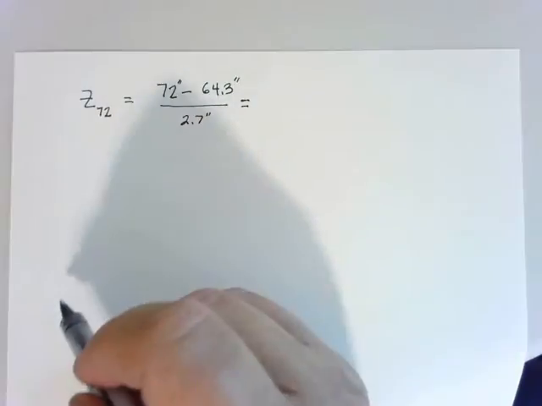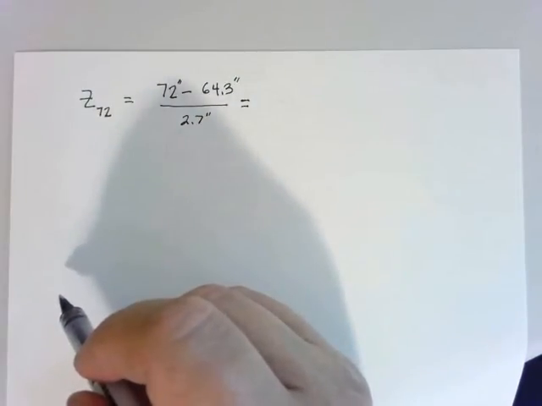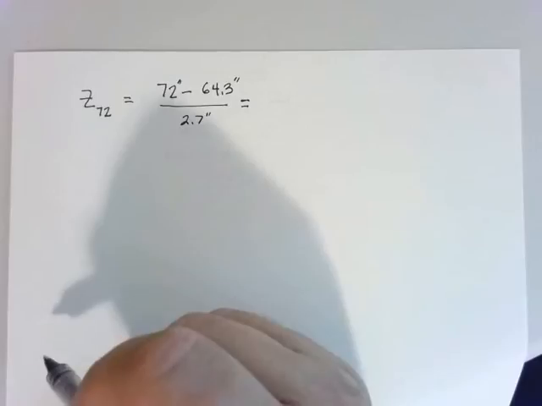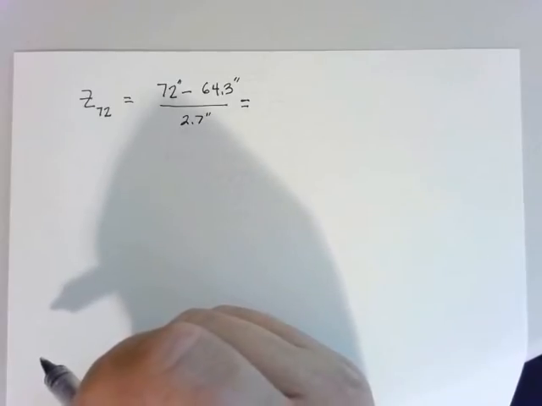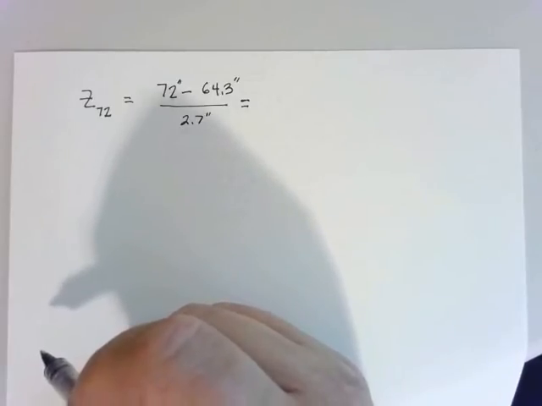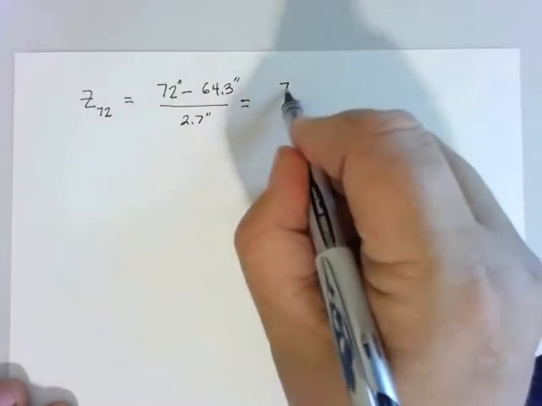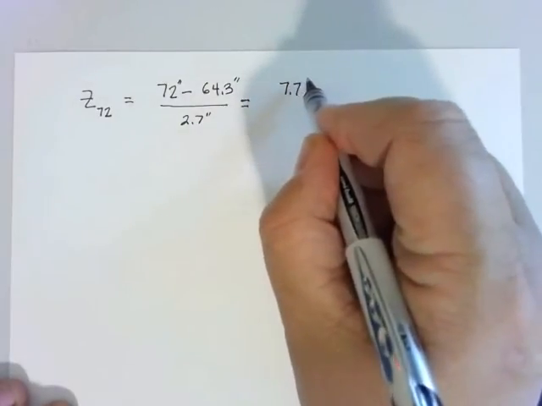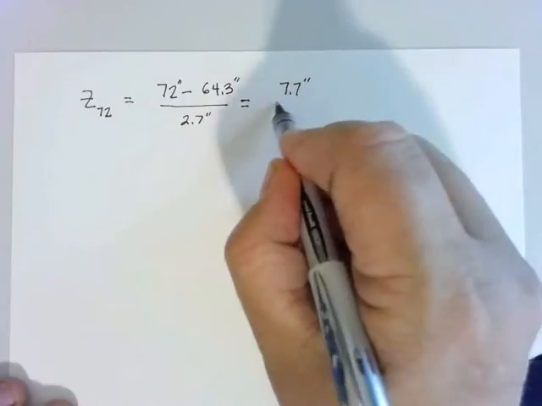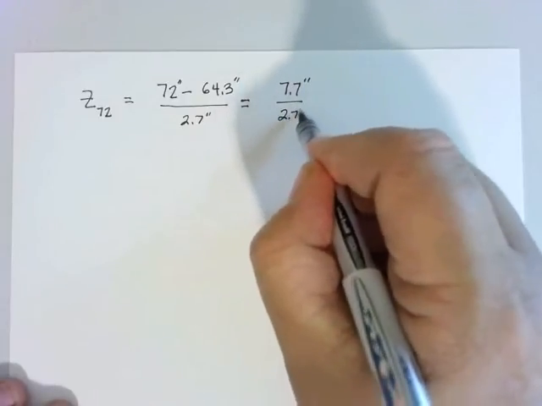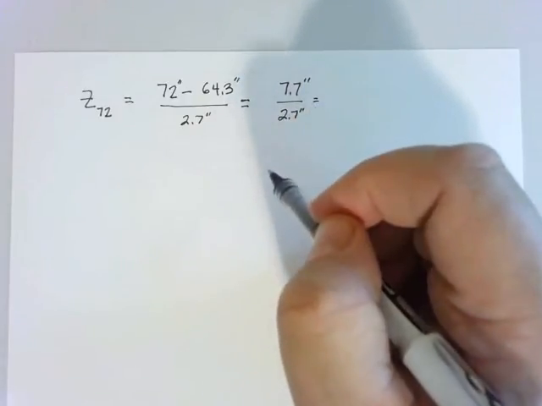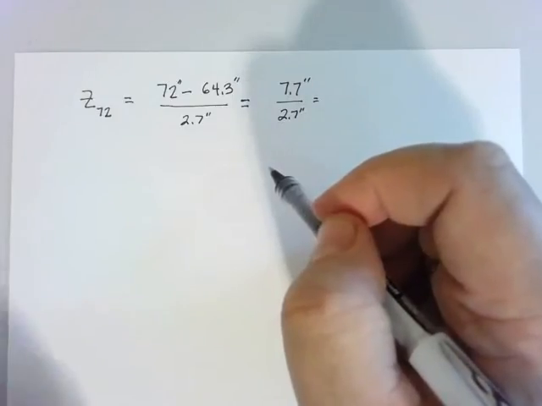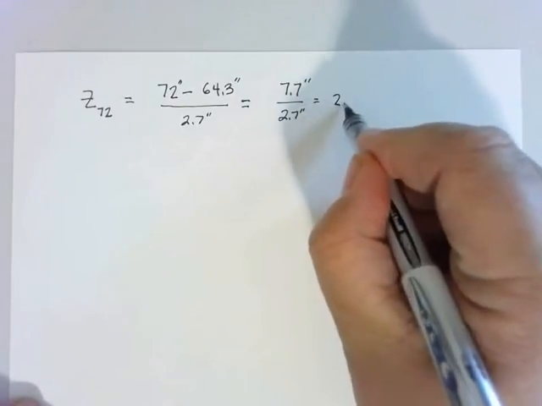And if I use my calculator again, 72 minus 64.3. I could probably do this in my head, I just don't want to think about it. So this woman is 7.7 inches above the population mean. Dividing that by 2.7 inches gives me a z-score of 2.85.